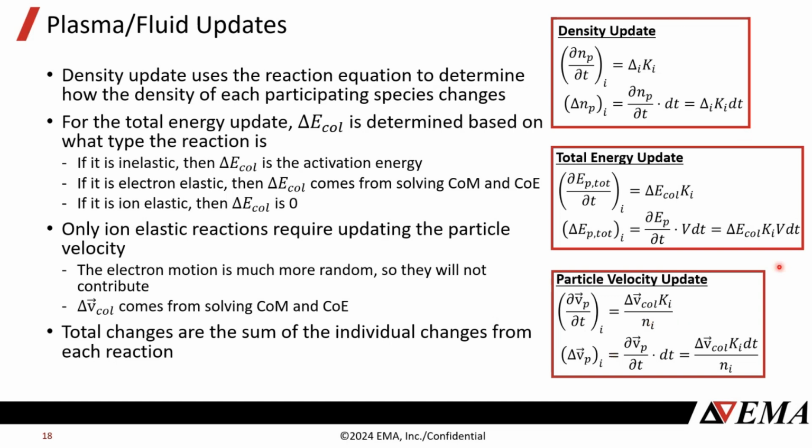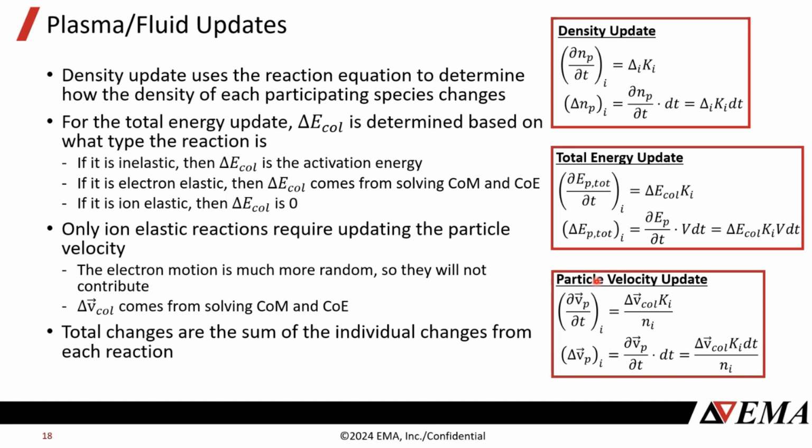And so these equations that I've listed here are just going to be the changes for a single reaction. That's what the subscript I here represents. By the way, the subscript P here represents our species number. If you wanted to get the total changes, all you need to do is sum the individual changes from each reaction.